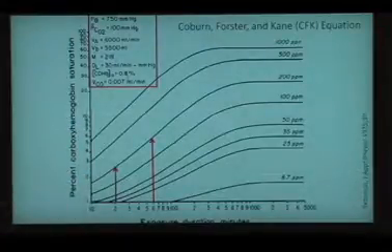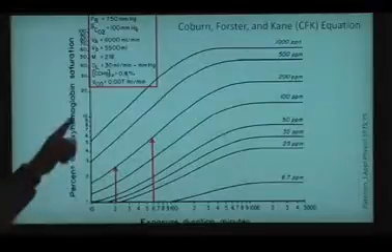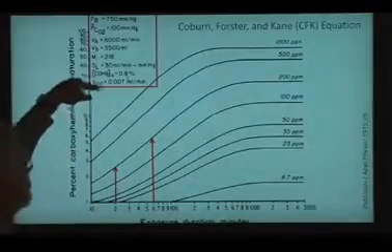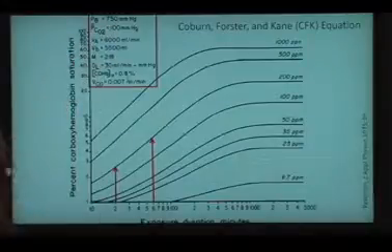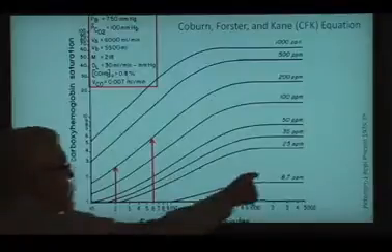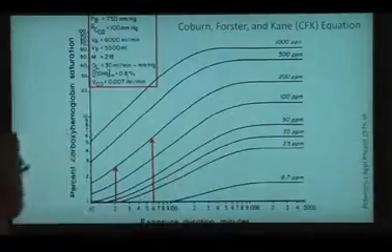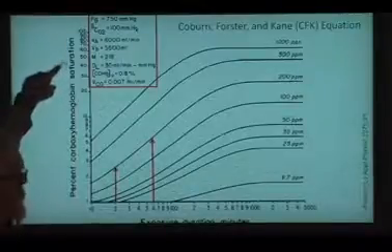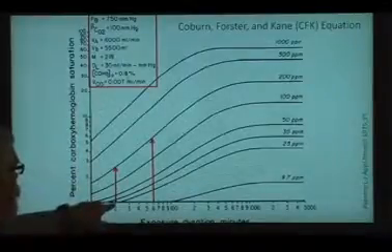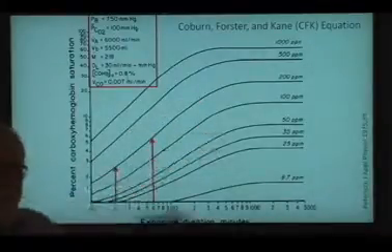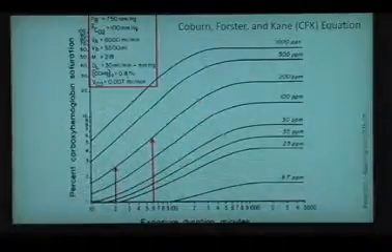In this work, this group of Coburn, Foster, and Kane showed that if we know a number of different variables such as these, and we know the concentration of carbon monoxide that is inhaled, then we can predict the carboxyhemoglobin level over time according to these relationships.